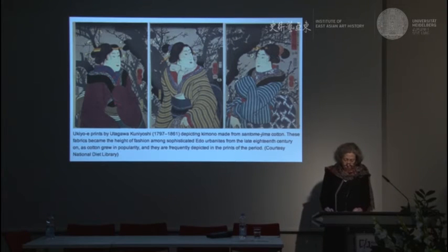Kayoko Fujita has also drawn attention to the popularity of the santomeshima, or striped pattern from Sao Tome on the Coromandel coast, which became hugely popular for both men and women's garments in the 19th century.